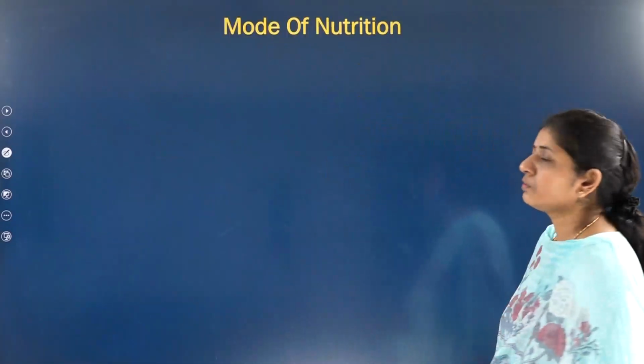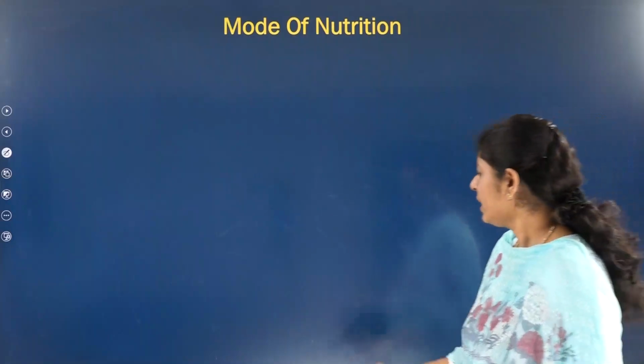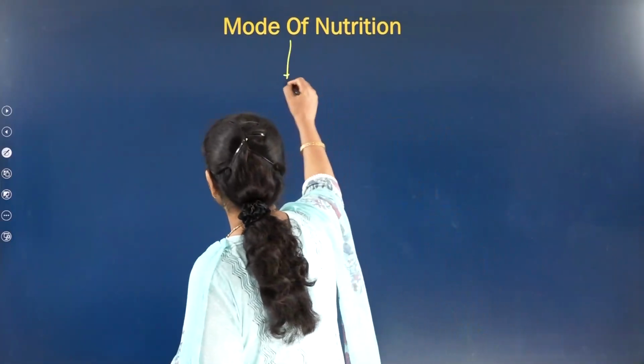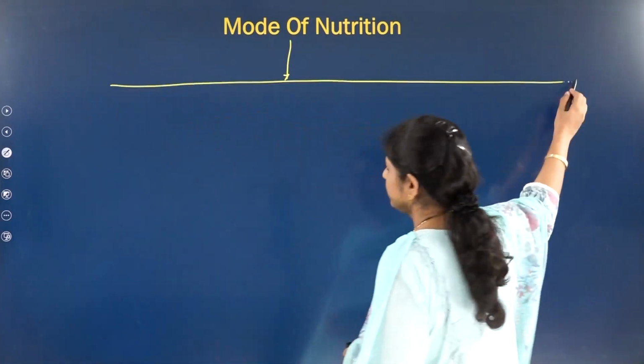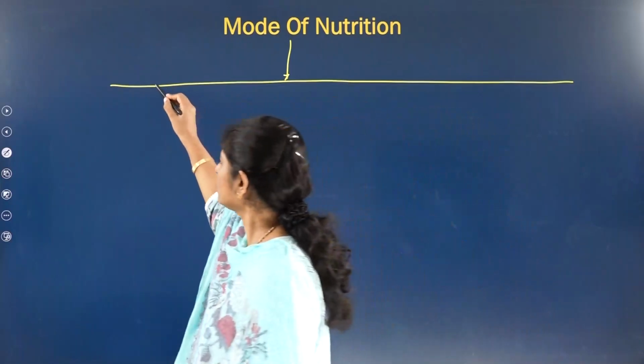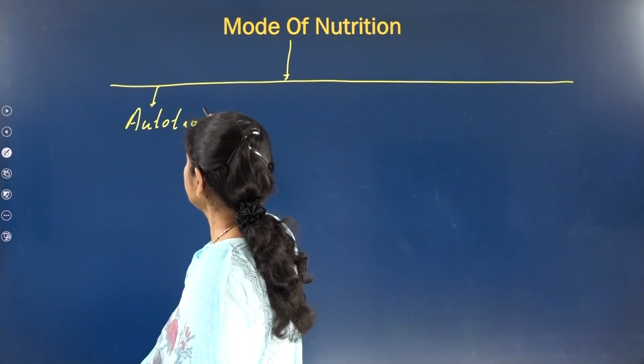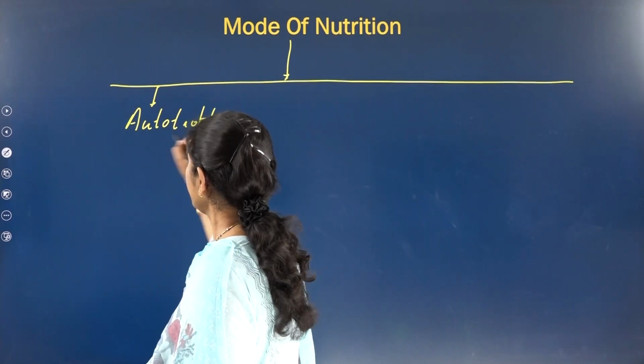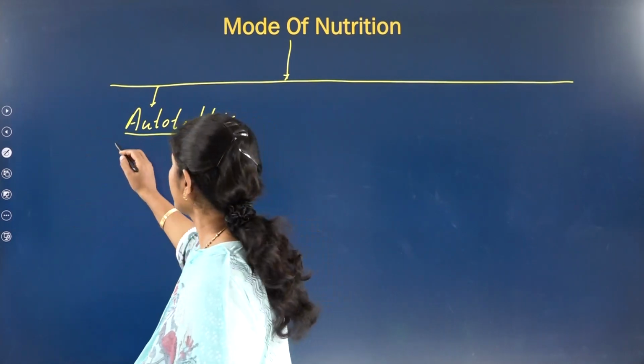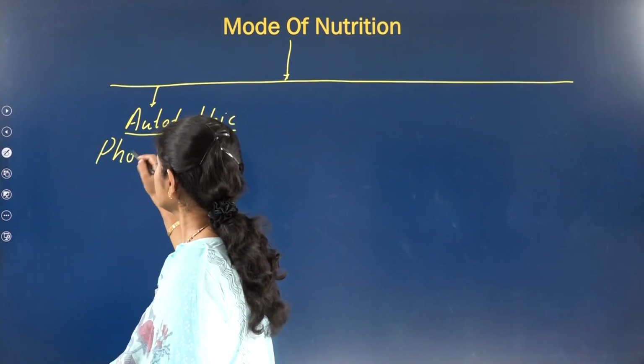Let's take the mode of nutrition first of all. Can I say they have various types of mode of nutrition? Like they can show the autotrophic mode of nutrition. Right? Which autotrophic am I discussing right now? Photosynthetic.